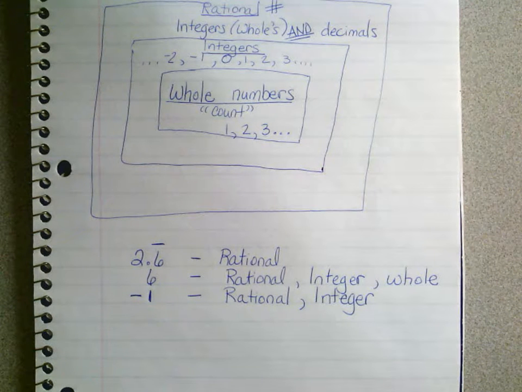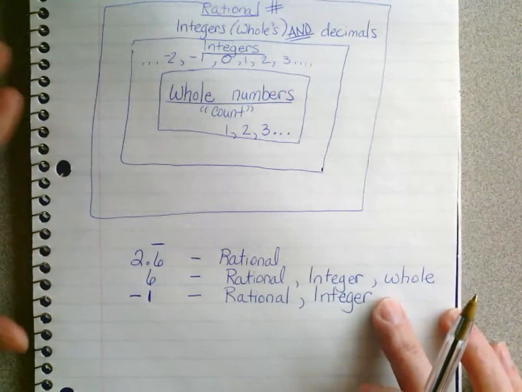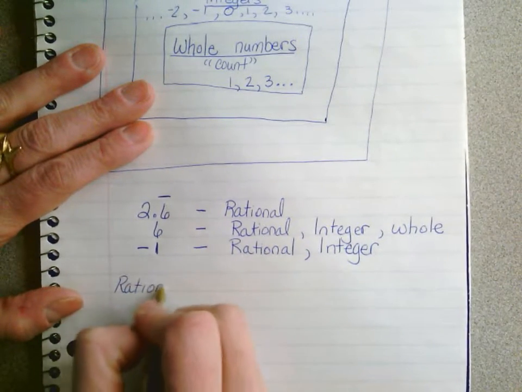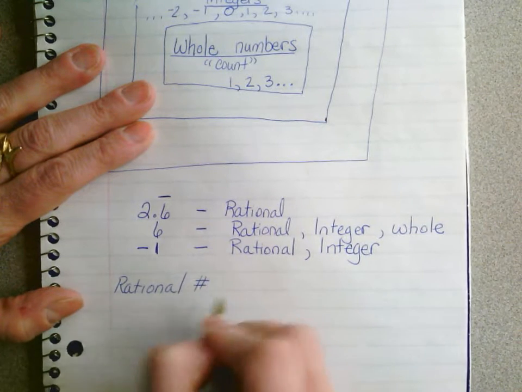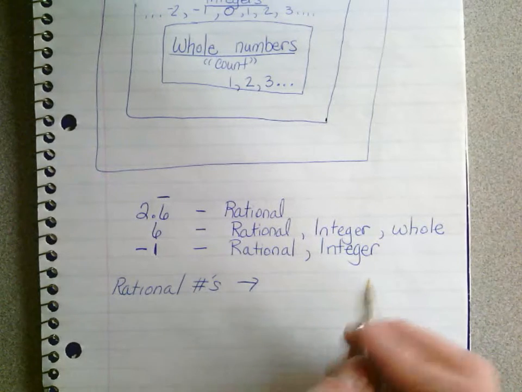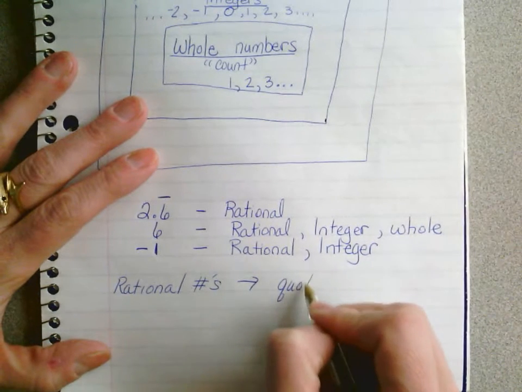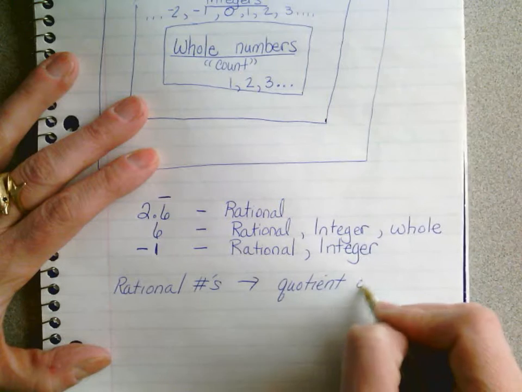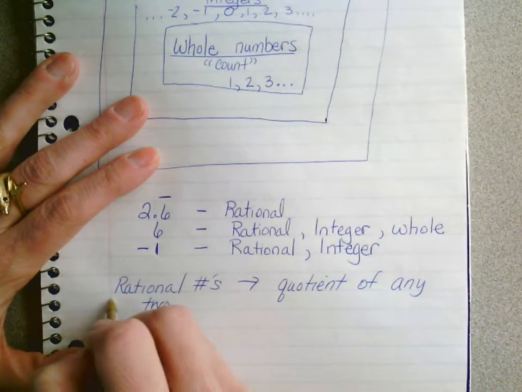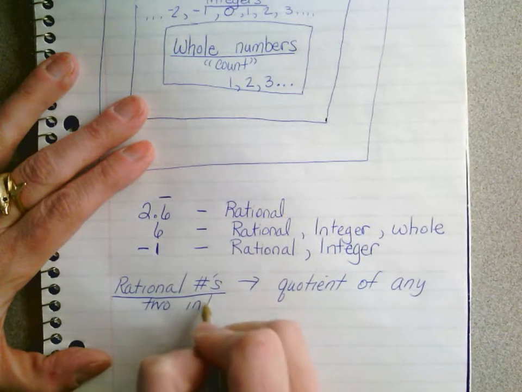Okay? One way rational numbers get described is they say that rational numbers are the quotient of any two integers.